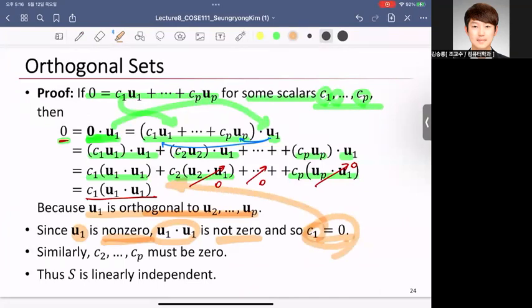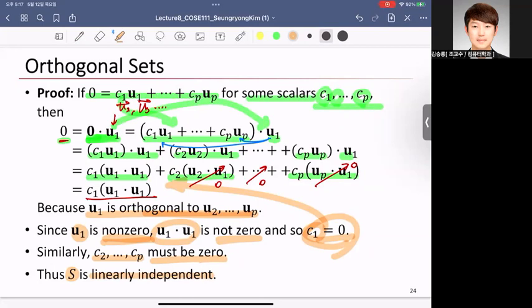Similarly, we can derive this for the u2 case, the u3 case, and so on. Then c1, c2, up to cp must all be 0. Then set S is linearly independent.